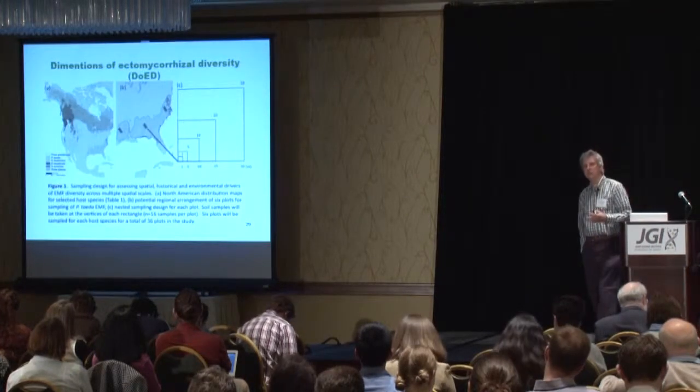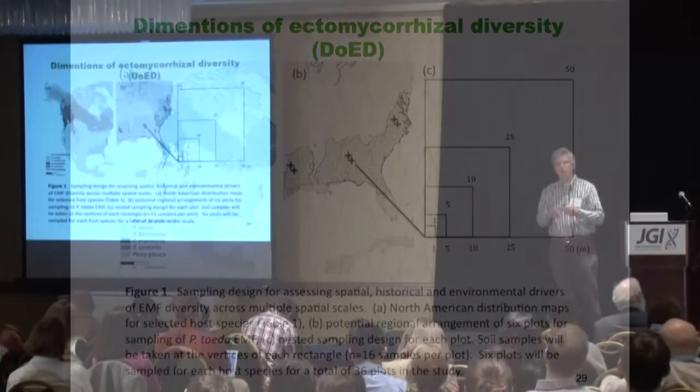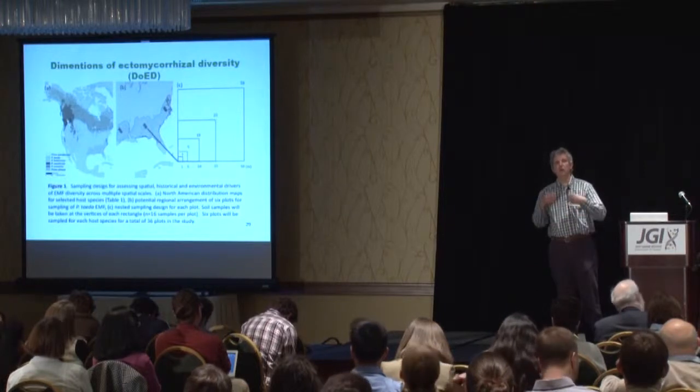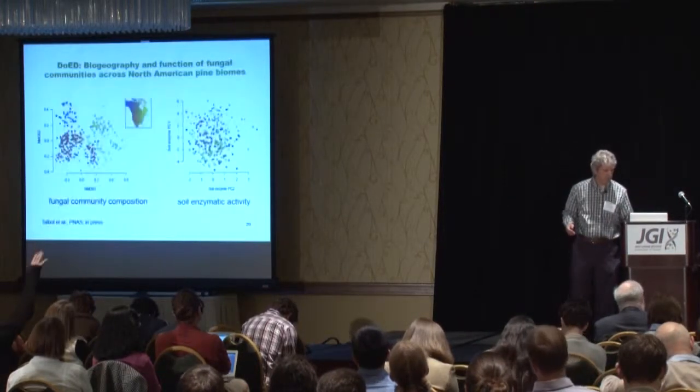And the sampling scheme here is one that's designed to address the spatial elements of diversity. So the basic question is, how do the numbers of species increase as you increase the scale of your sampling? And how does function change with that scaling as well?